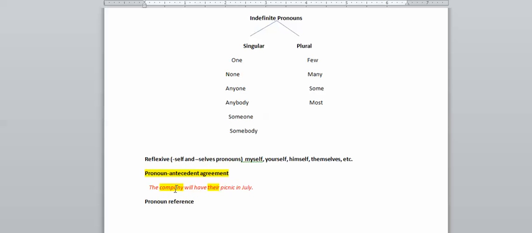Notice that company is a singular and their is a plural. You can't have good pronoun antecedent agreement unless the pronoun agrees in number with its antecedent. So how can we fix this? We can take out the word their and instead put in the word its. It is a singular, right? So now we have good pronoun antecedent agreement.